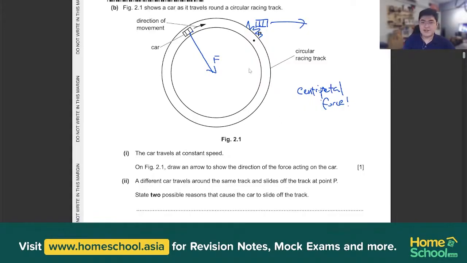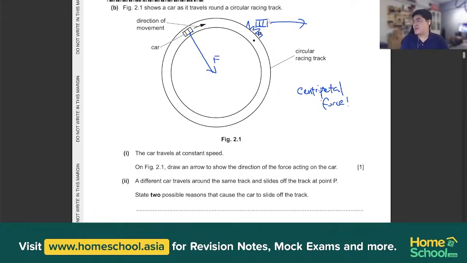It could be a few things. Number one, the centripetal force is not enough, right? So most likely the car is traveling too quickly. That's why it flies off the track. It also can be the case that the car is too heavy and the centripetal force is not enough to keep the car in the track.